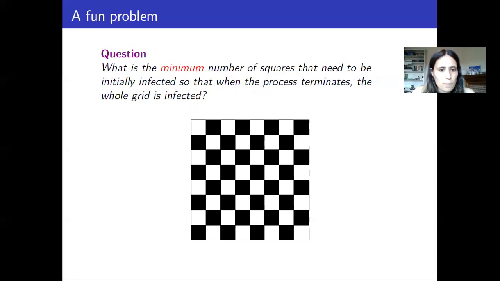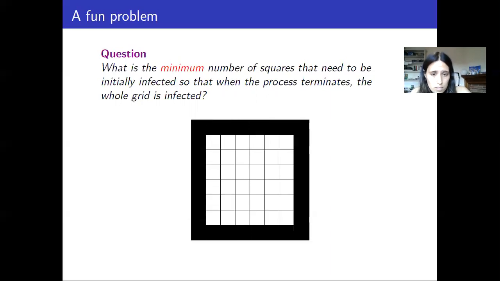Because in this example, every square here becomes infected in the first time step. Now, that's really not necessary. You can use squares that become infected in the first time step to infect squares later on in the process. So, for example, this construction, which will have 4n minus 4 infected squares, will also work.